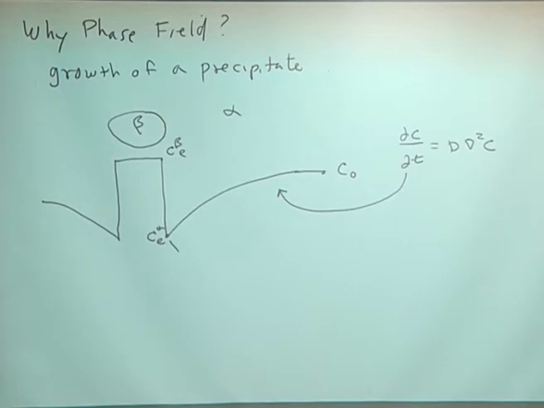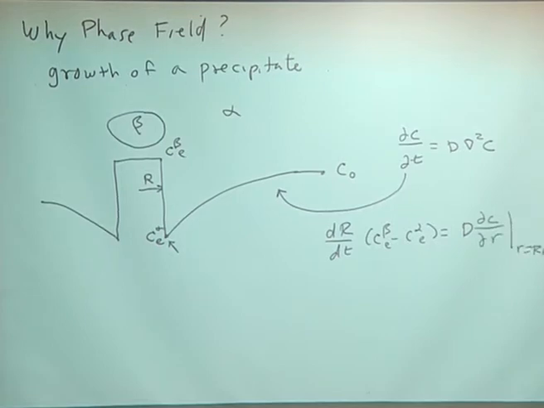You know what the interfacial condition is at that position. And this particle is spherical of a certain radius, and this radius grows as a function of time. And there's a mass balance at the interface that gives you the growth rate of the particle. That's the gradient in the composition, and R is equal to R as a function of time.